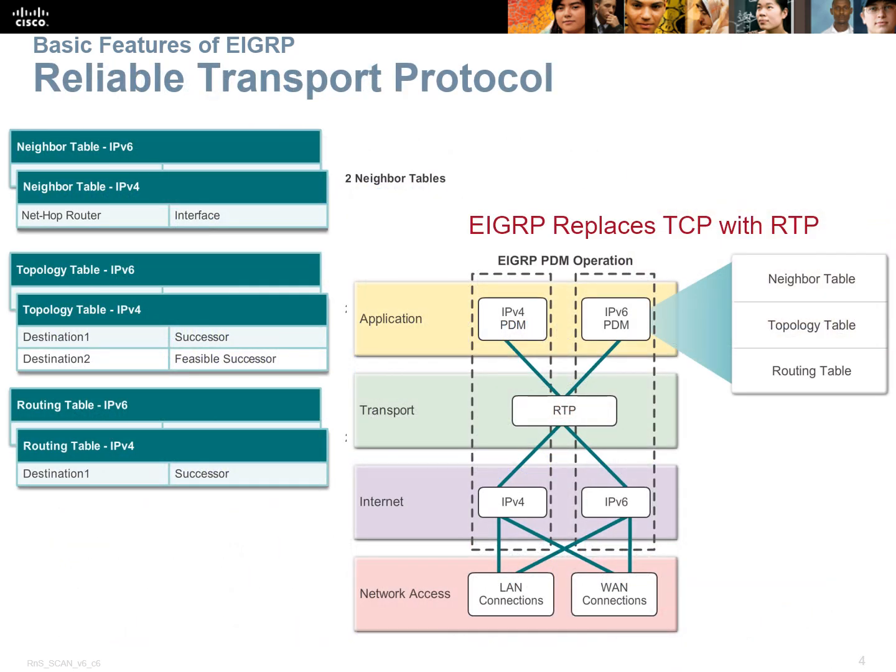Reliable Transport Protocol is the way that EIGRP uses to talk, and this is one of the most important factors in EIGRP, because RIP needs TCP/IP to function, OSPF needs TCP/IP to function, BGP needs TCP/IP to function. EIGRP does not.